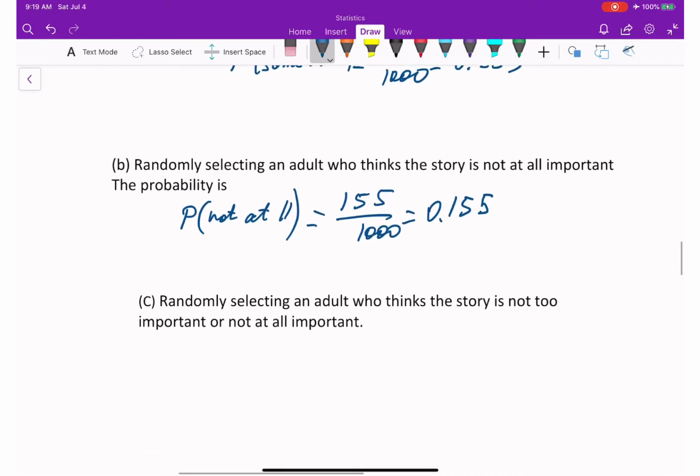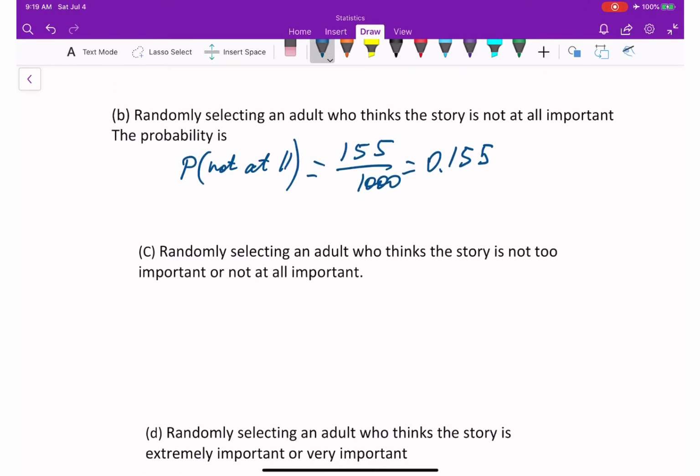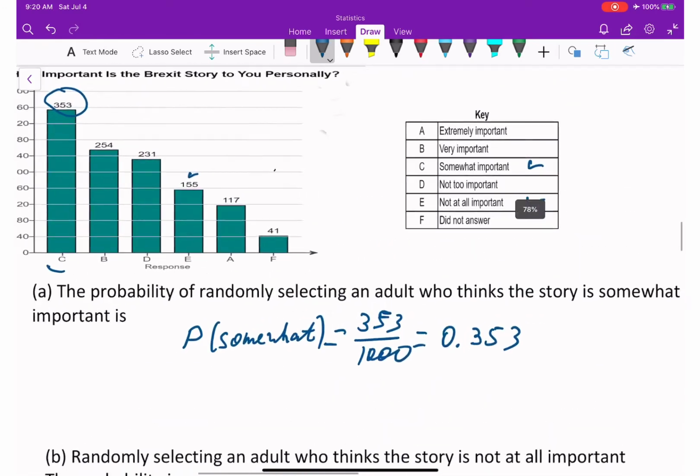Next one, randomly selecting an adult who thinks the story is not too important or not at all important. So we have two probabilities connected, and more importantly we have "or," which means we're going to end up adding. Probability of not too important. Where is not too important?